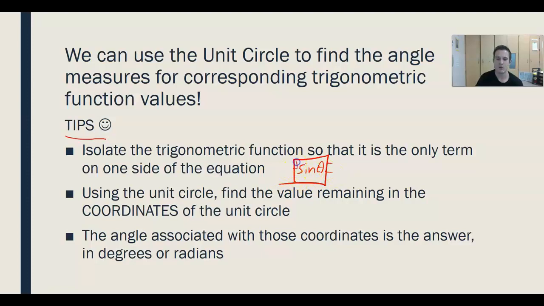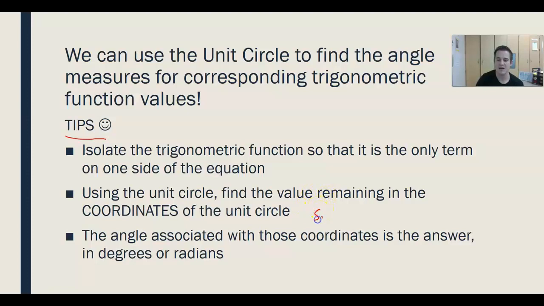I can't have a 1/2 here, or have it being added by 6. I need the sine value all the way by itself, equal to whatever numbers are over here, so that I can use my inverse trig functions to solve for the angle. Then, using the unit circle, we'll find the value remaining in the coordinates of the circle.